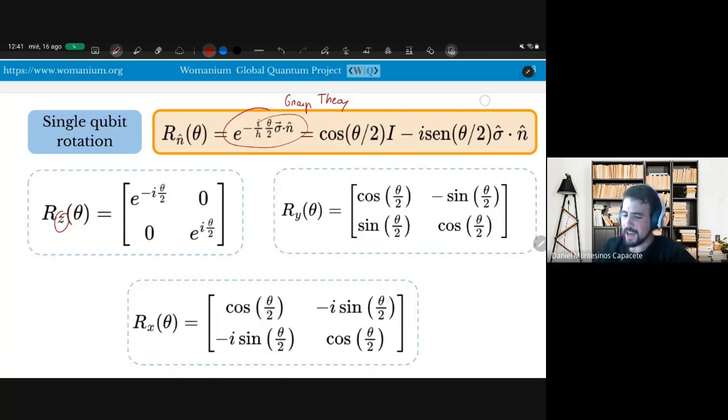Apart from this, the step here is basically the same as what we did on the first day with complex numbers, when I proved that e to the i theta equals cosine of theta plus i sine of theta, using Taylor series. Here we do exactly the same, but with the Pauli matrices, which are operators, but the idea is the same.